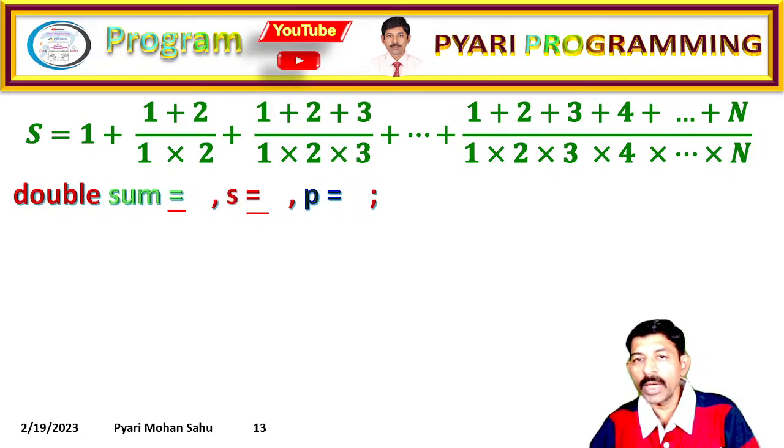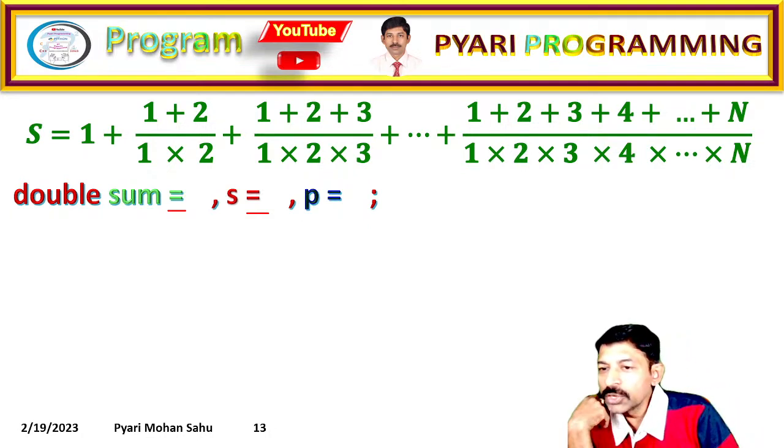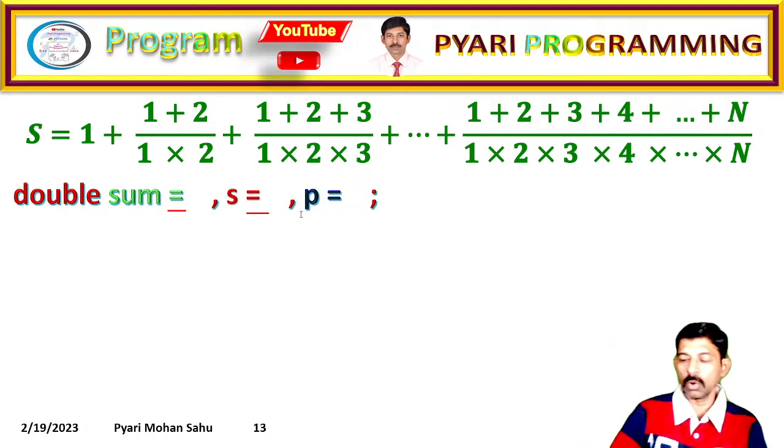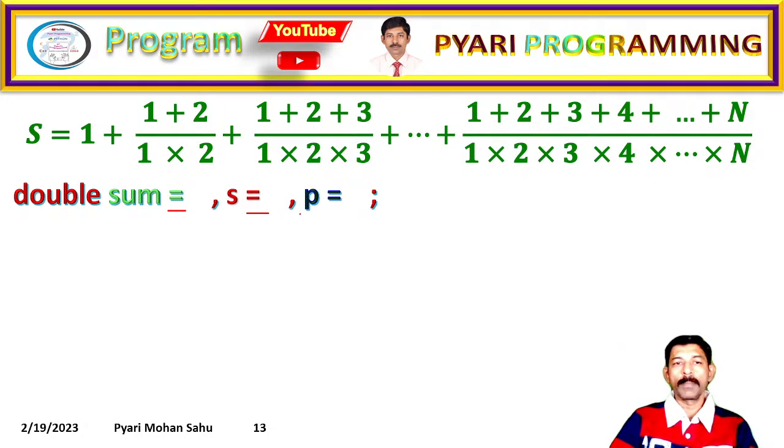What is the use of S and P? S is for addition of the series and P is for the product, means multiplication. P will show the product of the denominator. Sir, S for sum and P for the product. Okay, good. S for sum and P for product.